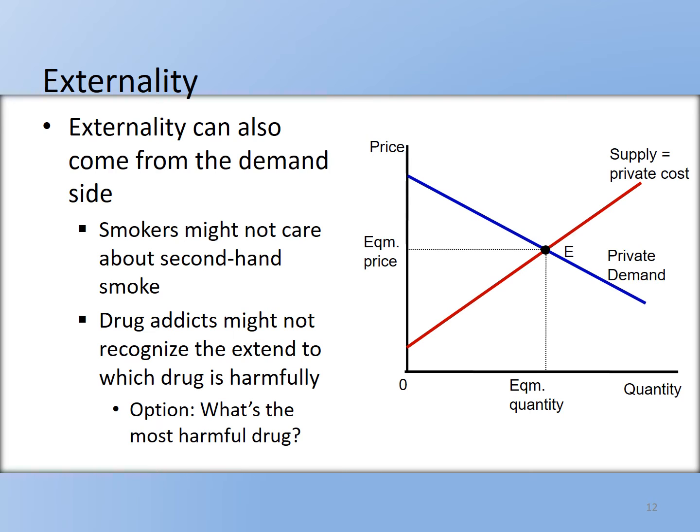Now, how do we know that drug addicts might not recognize the extent to which drug is harmful? Well, you can ask the question, right? What's the most harmful drug? Do you know what's the most harmful drug? It's actually a very good question, right? What's the most harmful drug in terms of the cost to the society?